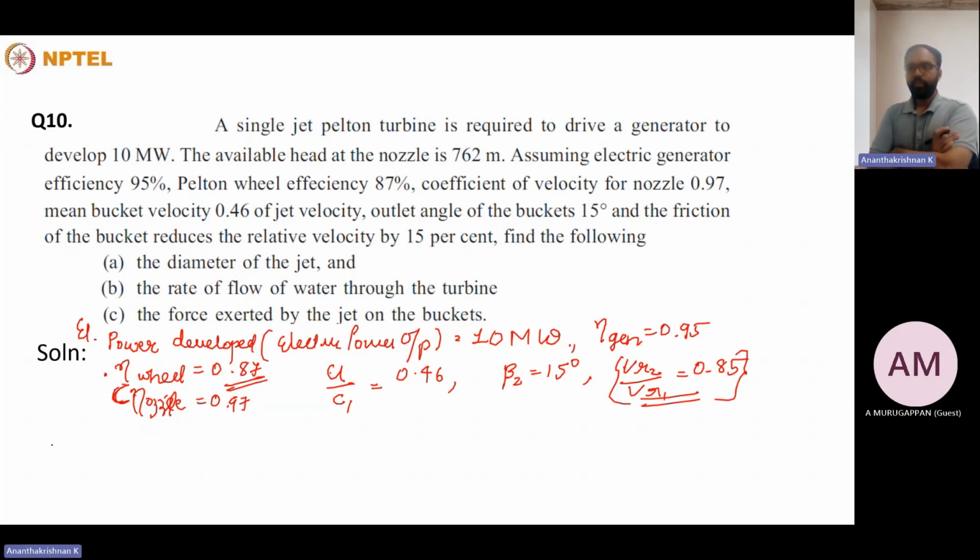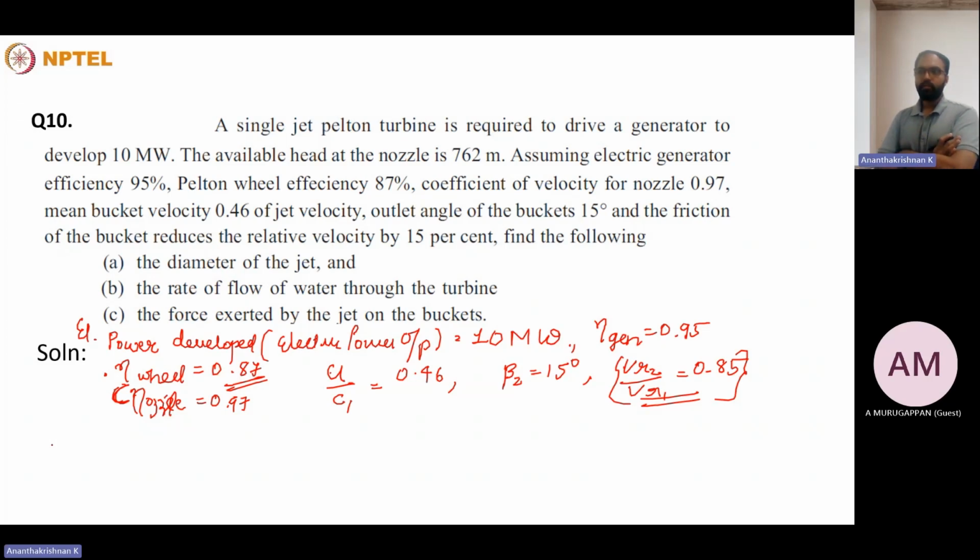In order to calculate the diameter of the jet, we need to know the discharge, which is coming from the nozzle, and the velocity of the water which is coming from the nozzle.